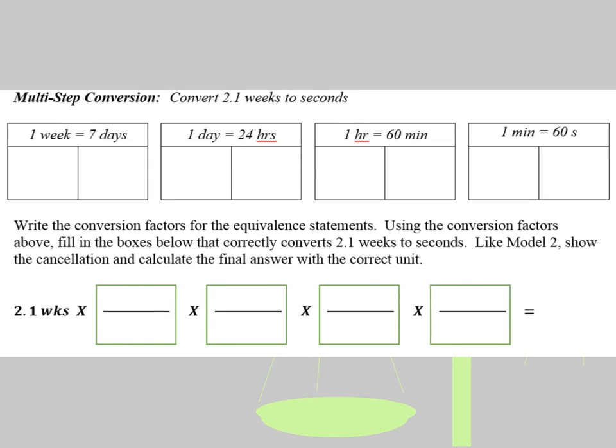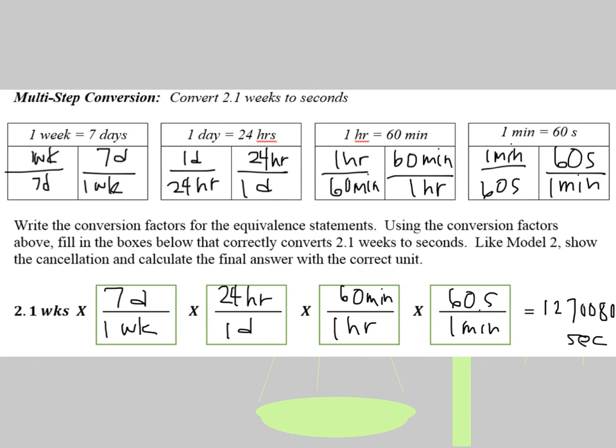Pause here, do your work, and then unpause to make sure you did the correct work. Here's your final answer. You should have 1,278,080 seconds as your final answer. These are all the equivalent statements you should have written, and this is also all of the correct conversion factors that go into those places.